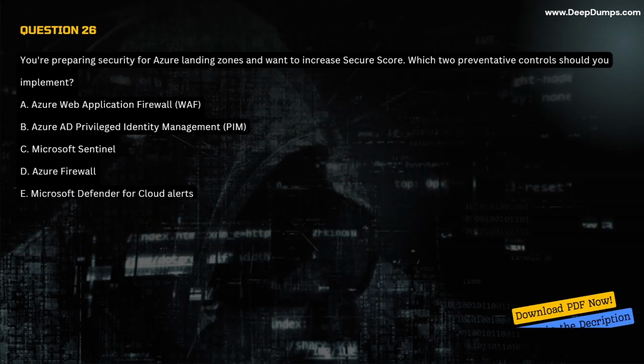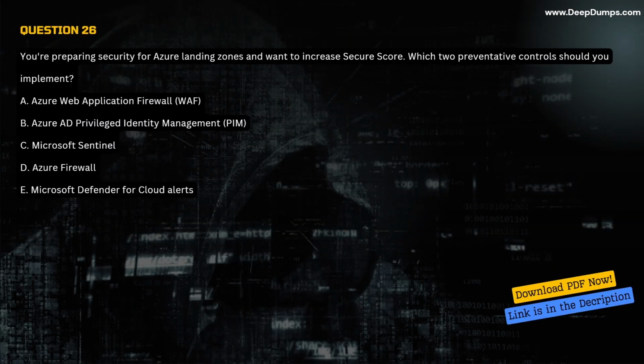Question 26. You're preparing security for Azure landing zones and want to increase secure score. Which two preventative controls should you implement? A. Azure Web Application Firewall, WAF. B. Azure AD Privileged Identity Management (PIM). C. Microsoft Sentinel. D. Azure Firewall.